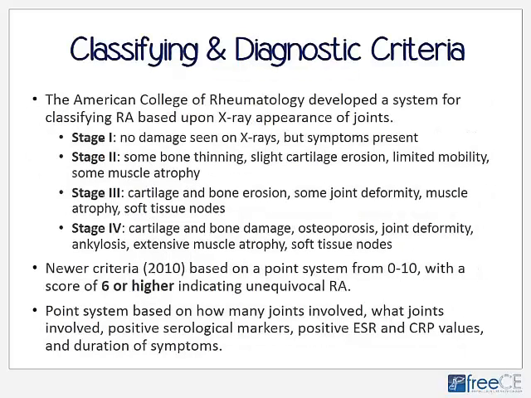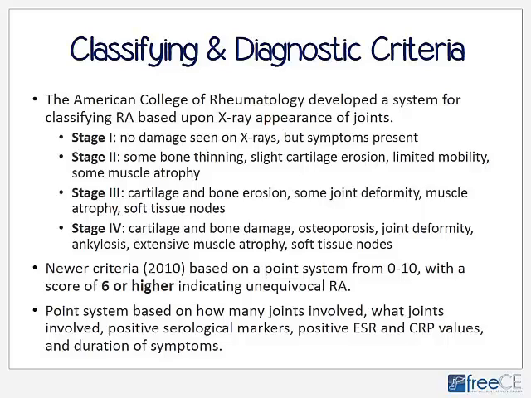Well, not surprisingly, there's a variety of ways of classifying RA, and this has changed over time. The American College of Rheumatology developed a system for classifying based mainly upon X-ray appearance. Of course, stage 1 is the least obvious, no damage, but the symptoms are present.